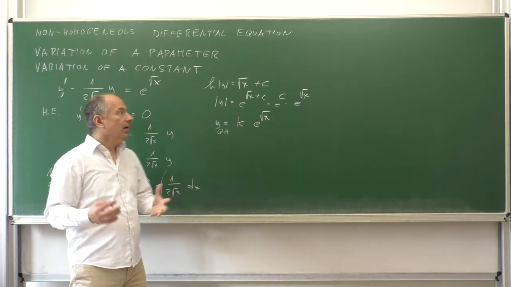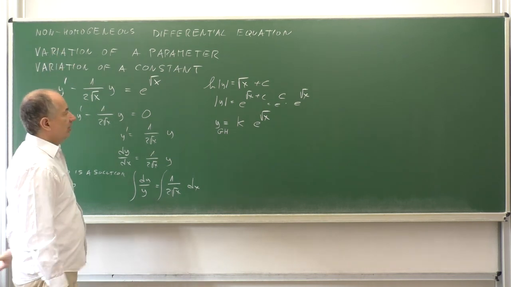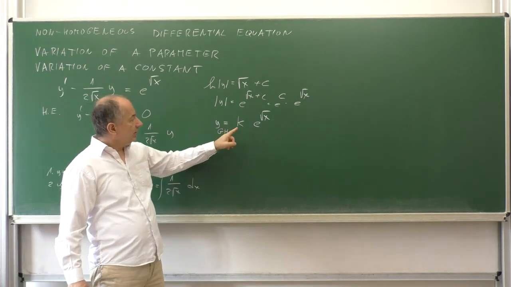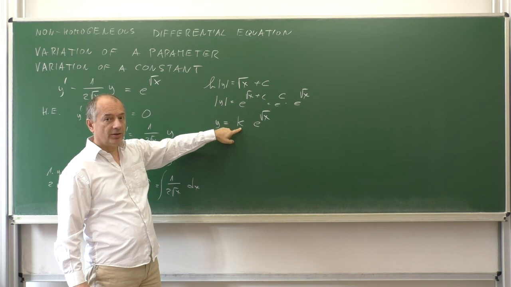And now, the method of variation of a constant or variation of a parameter means that what was constant up to now will now be a function.